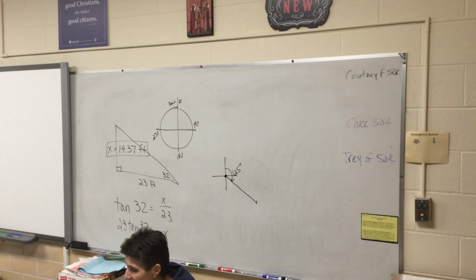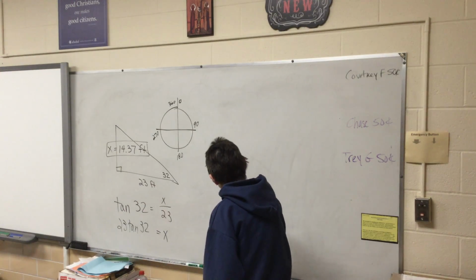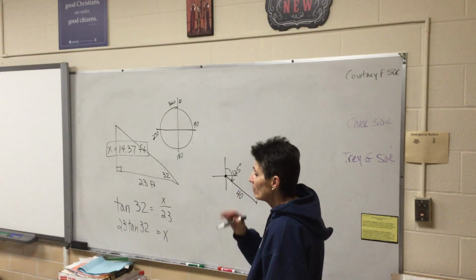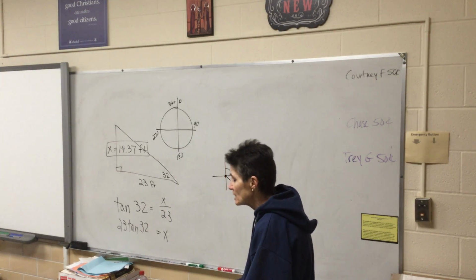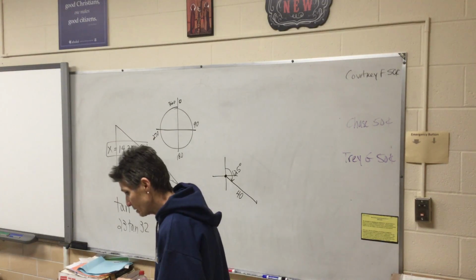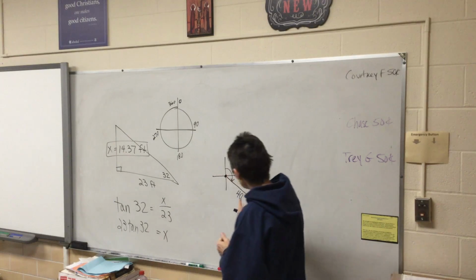So 10 knots means he's going 10 miles an hour. And he's going for 4 hours. So I'm going to label this 40. He's going 4 hours at 10 miles an hour.